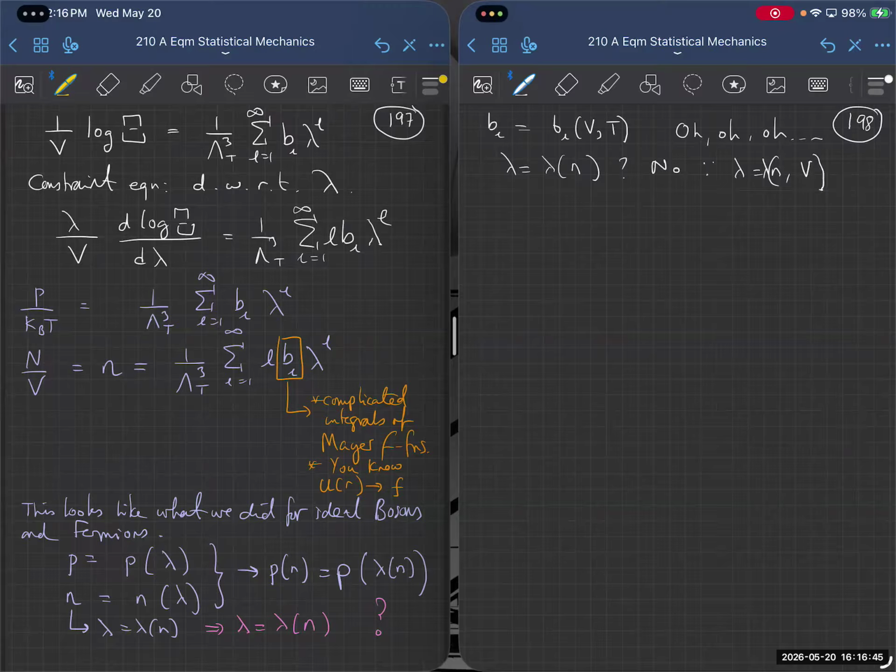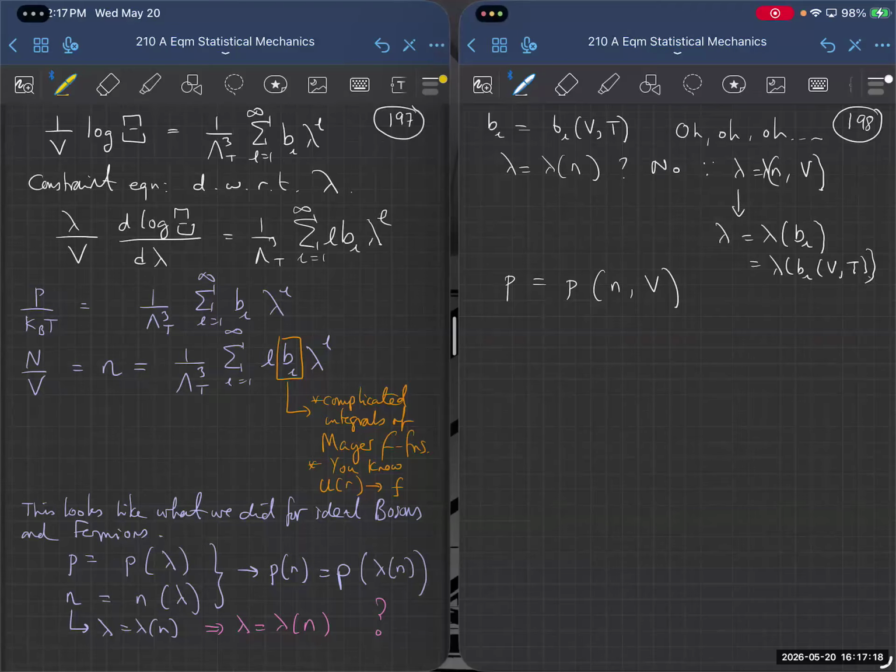It's a function of v because lambda is literally a function of the cluster integrals, and the cluster integrals depend on volume as well as temperature. And so then I get P as a function of n, but also v.